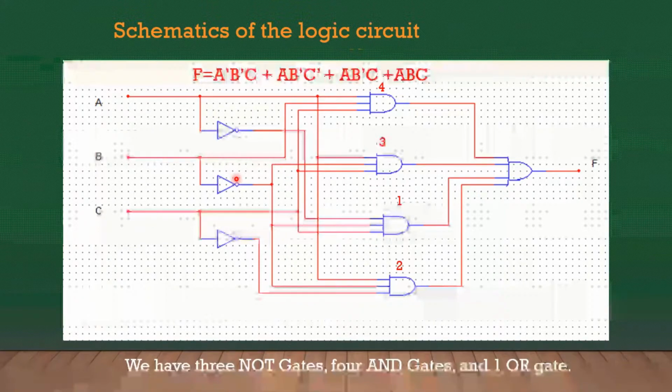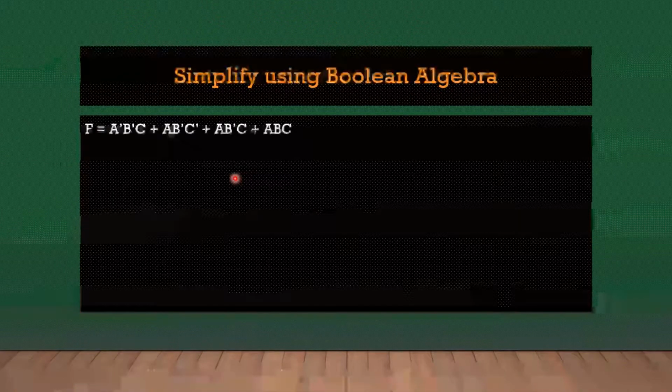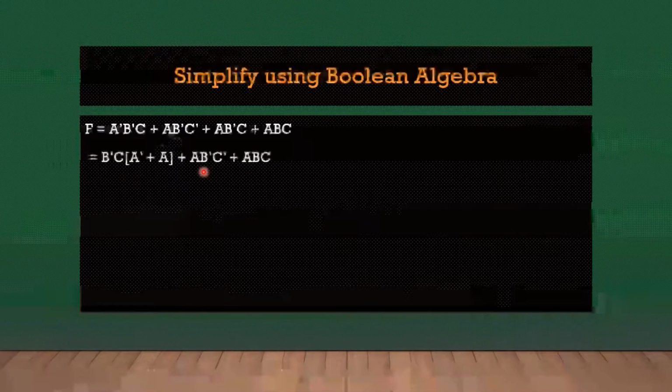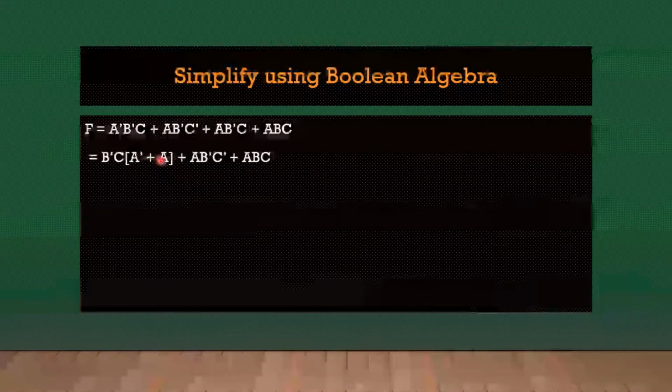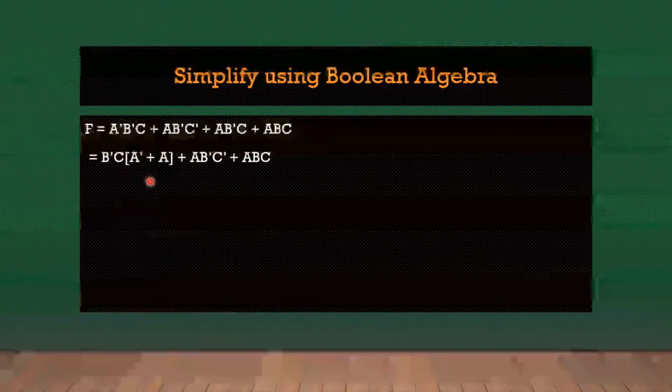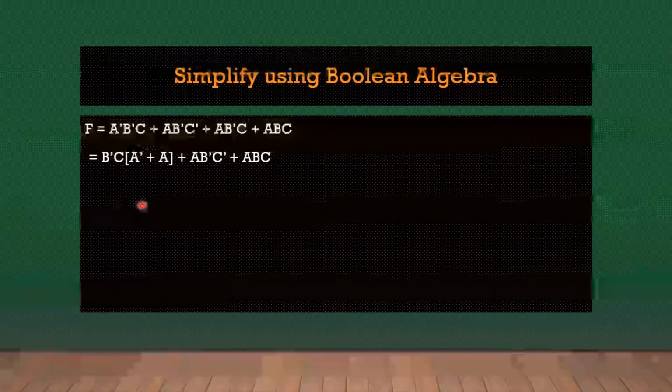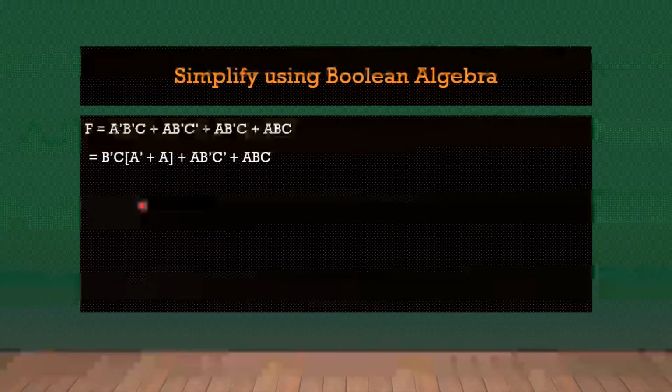From this we can take B naught C common, so that A plus A naught goes to the OR gate. That means these OR gates either give us 1 or 0, that is false or true in the logic.